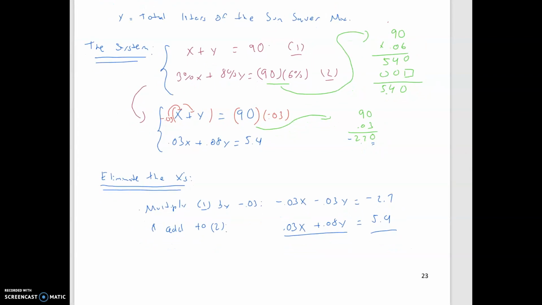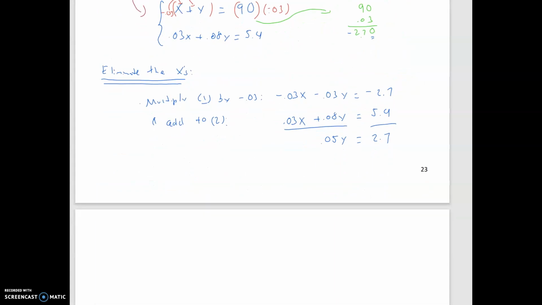At this point, the x's get eliminated, and we're left with 0.05y equal to positive 2.7, since that's just the difference from 5.4.